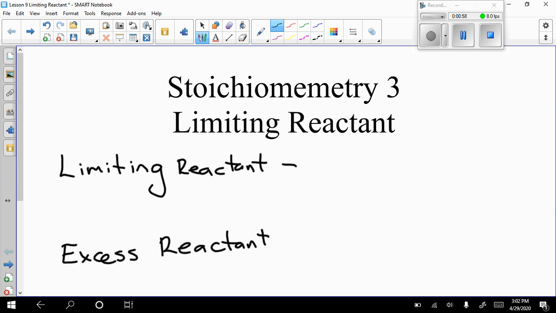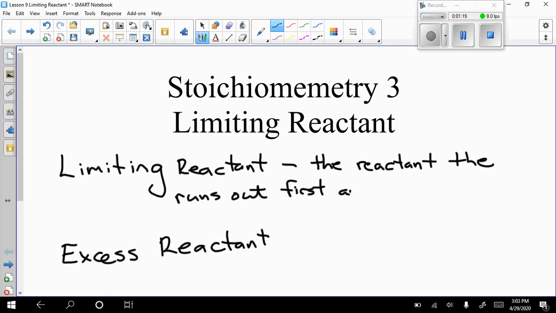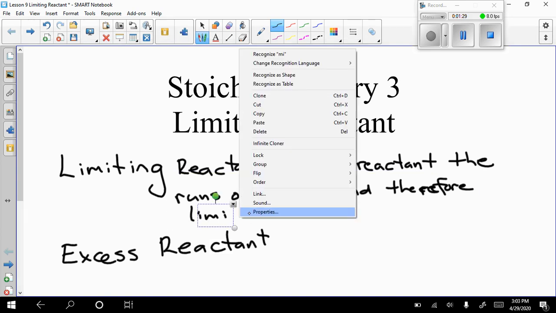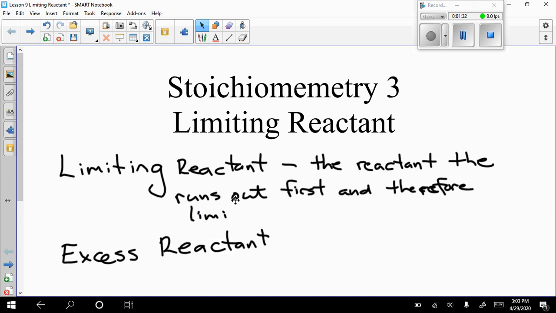So the limiting reactant is the reactant that runs out first, and therefore limits the reaction.